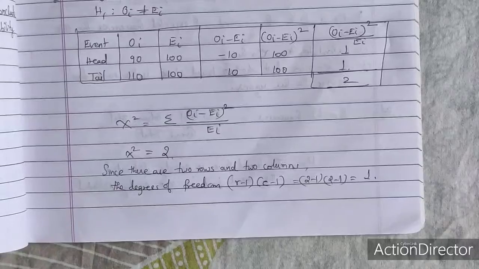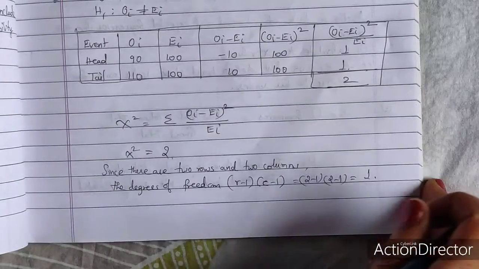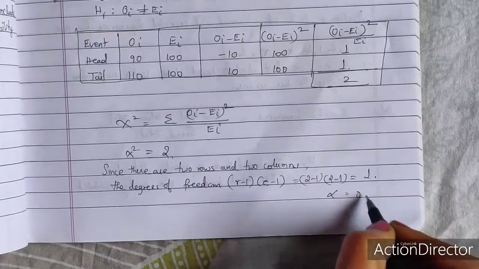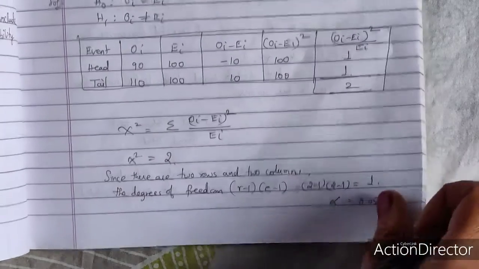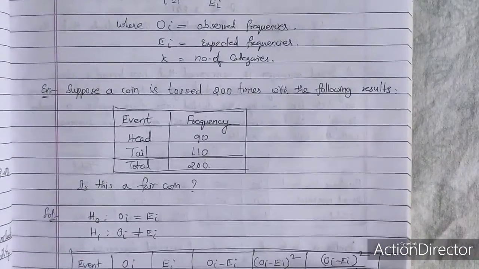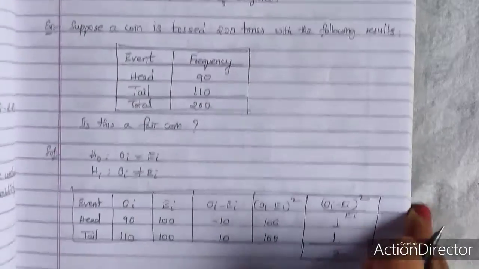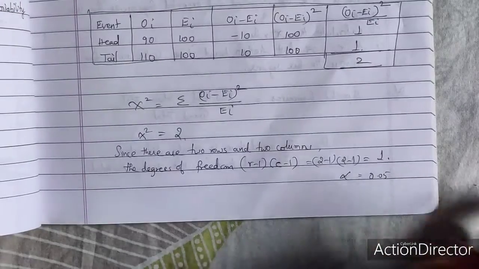So the degrees of freedom is 1, and the level of significance is alpha equal to 5%. They haven't mentioned any level of significance in this problem, so we assume alpha is equal to 0.05.